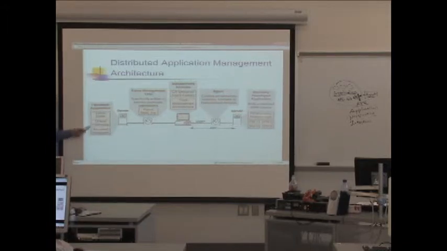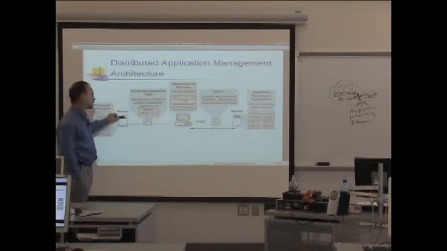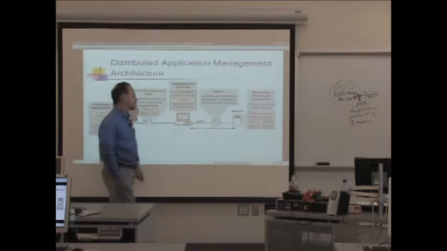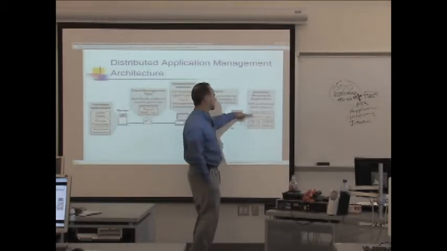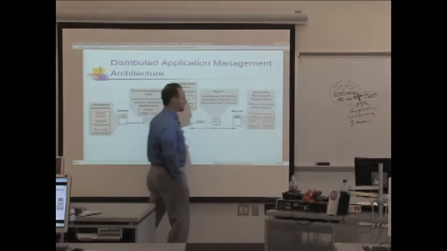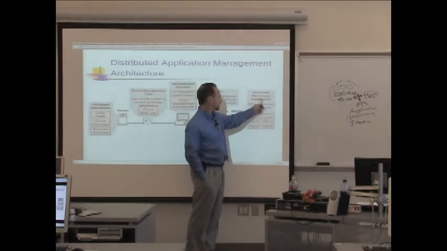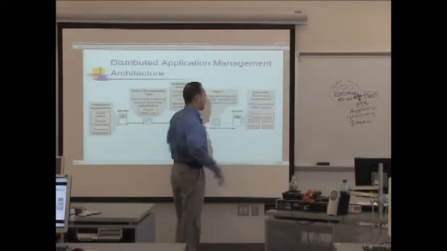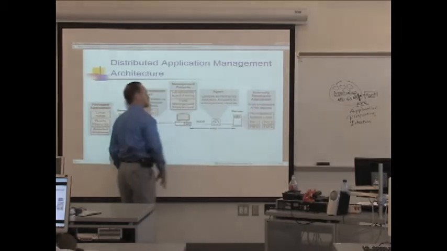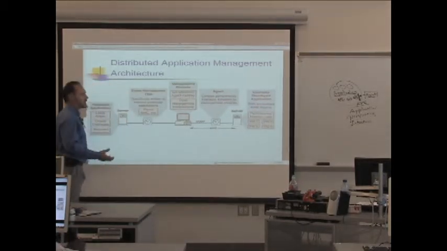So Lotus Notes, Oracle Financials, assorted databases, all running on a server. And then over here they have custom. So these are commercially available packages, and these would be custom or internally developed applications. So in both cases, those pieces of software, those applications, are running on that server.